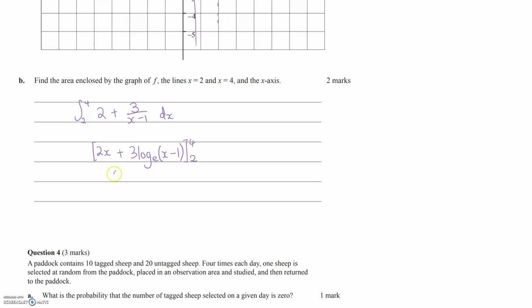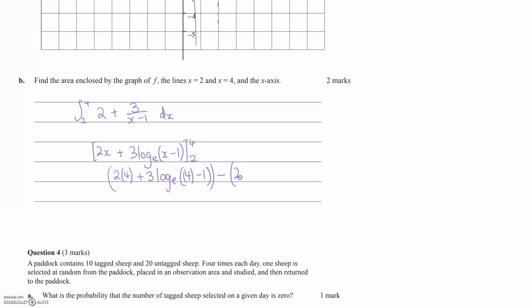Now I'm just going to substitute in my values. Substituting in 4, I'll get 2 times 4 plus 3 log e of 4 take 1. And then I'm just going to take away from that, substituting in this 2 value now.